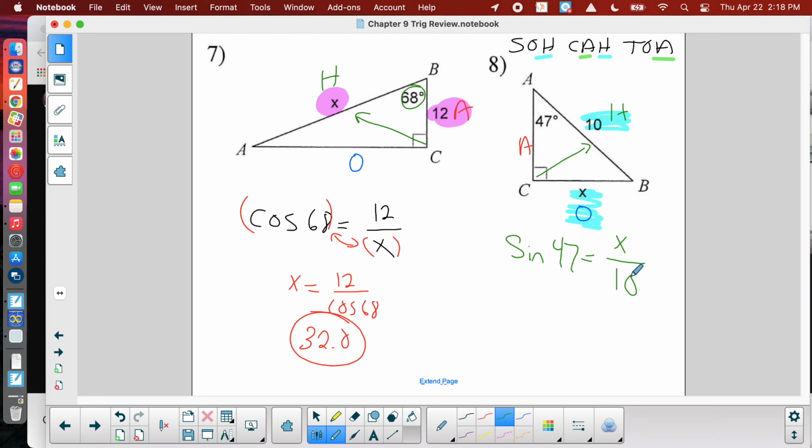This time the x is in the numerator, so we aren't going to swap things. That happens when x is in the denominator. When x is in the numerator like this, we simply multiply through both sides by 10, which cancels out my 10 there. So x equals 10 times sine 47, which is 7 point.